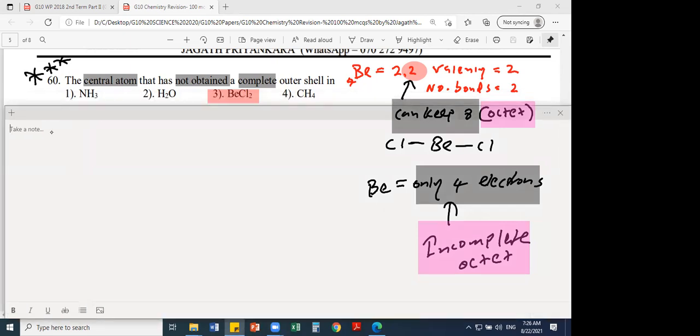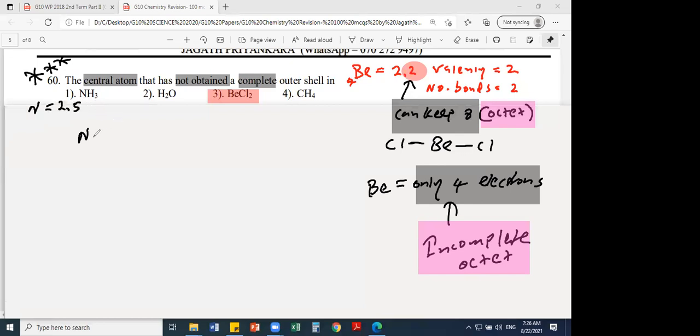Look at ammonia here. When you draw it, what is the configuration of the central atom nitrogen? 2,5. 2,5 means it can form up to 5 bonds, but here it forms only 3. So 3 bonds, NH3, and there will be a lone pair.